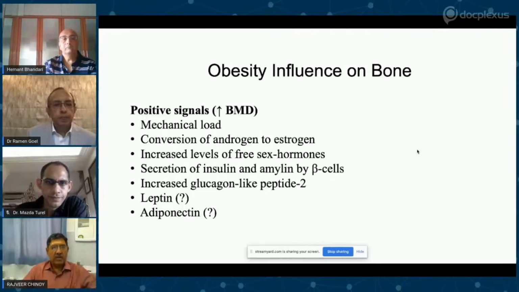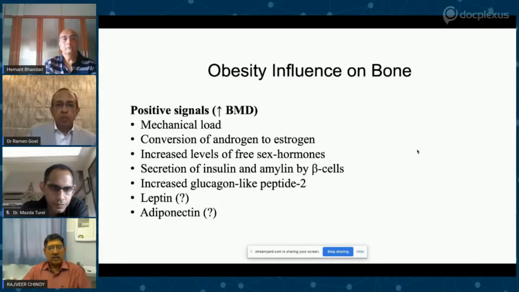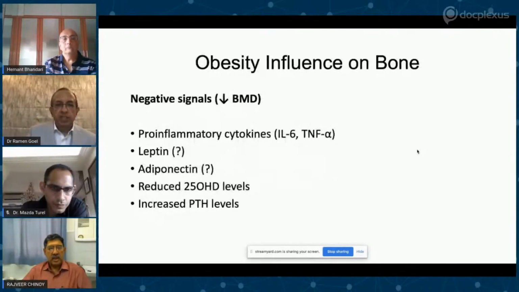Once it goes above that, it's the camel's back that is broken. And as you can see, there are increased levels of the sex hormones and the conversion of androgen to estrogen and various other metabolic changes which are actually harmful to bone health. Okay. So these are the positive changes and these are the negative changes.